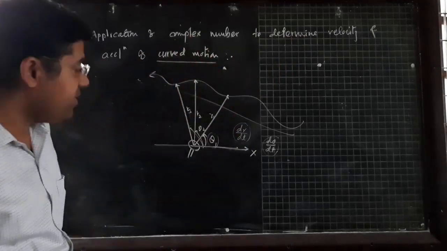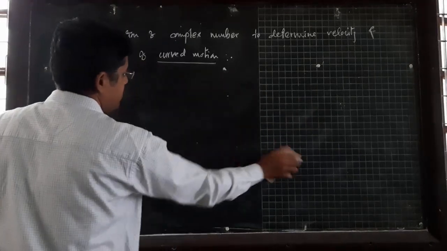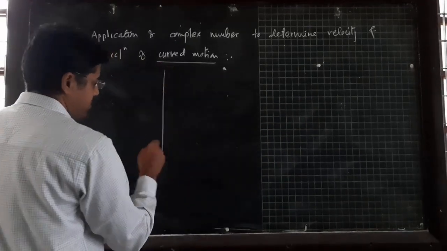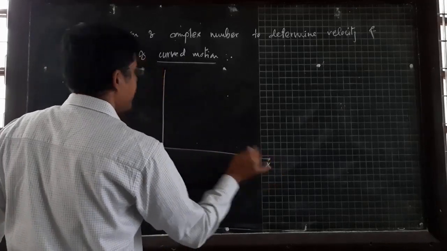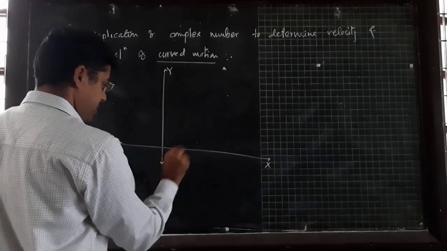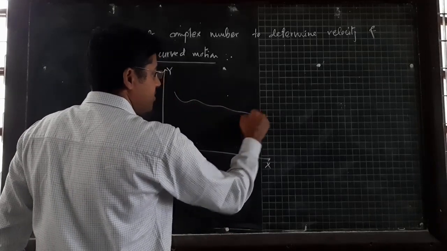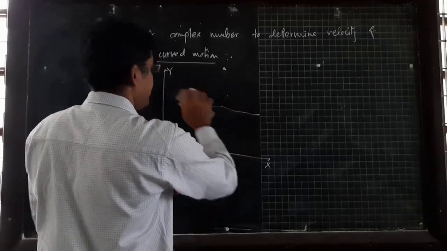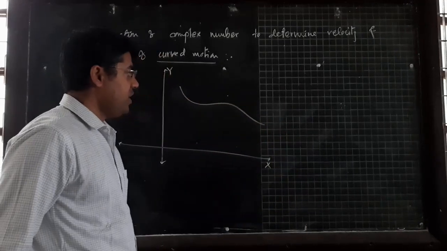So simply, we will take one object which moves along the xy plane. Please remember, it's a complex plane. The given object is moving in this particular direction.